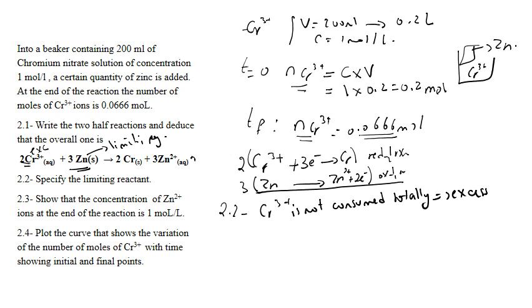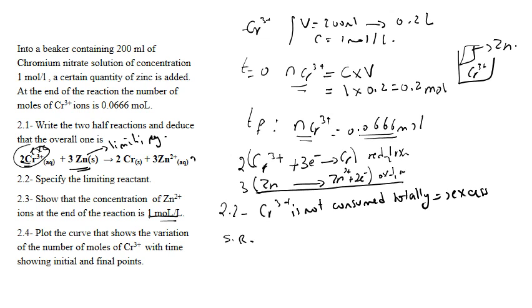How can we show that the concentration of zinc ions at the end of reaction is 1 mole per liter? Here we should take a stoichiometric ratio, but the only given we have is about Cr3+, and Cr3+ is an excess reactant. How can we make a stoichiometric ratio between an excess reactant to get Zn2+?